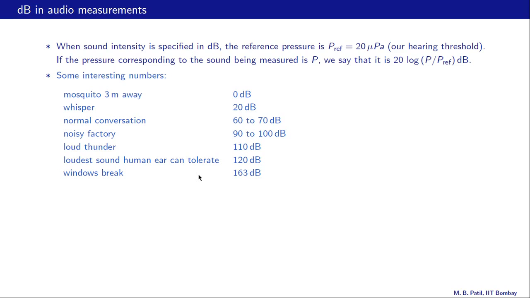And if we go on jacking up the dB level, then at some point windows shatter, glass breaks. That is at 163 dB. And of course there are laws about the dB levels. In India, these laws are governed by the Ministry of Environment and Forests, and you will find these numbers on their website.